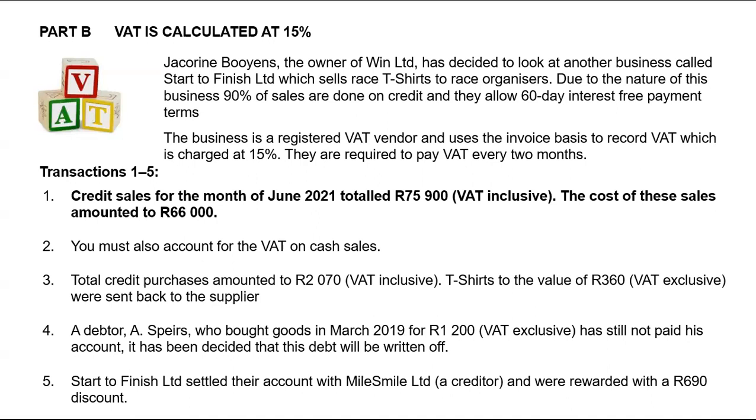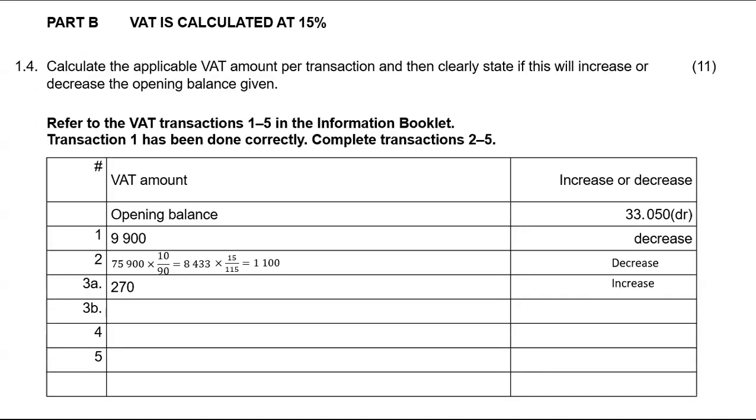And let's just read further. It simply says that the value of 360 VAT exclusive shares were sent back to the supplier. If purchases result in VAT input, increase VAT input, any returns basically to the creditor will reduce your VAT input. So basically, VAT on creditors' allowances will reduce your VAT input.